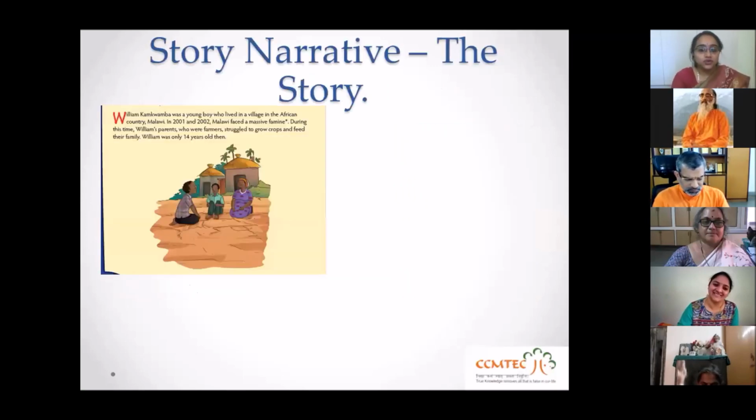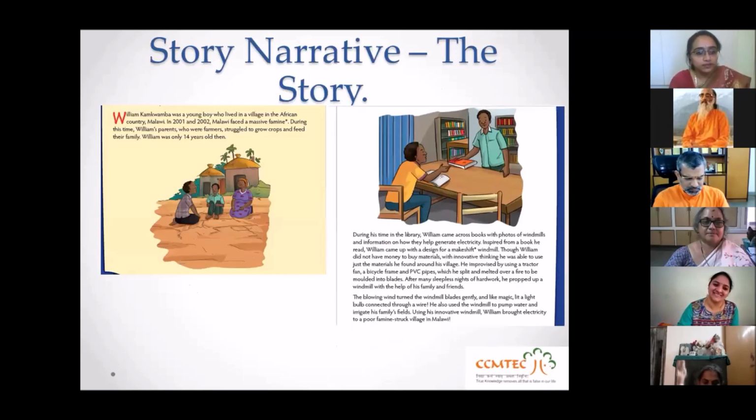The story here is something similar that happened with William, a young boy who lived in an African country where famine struck their village, and because of lesser economic support, he had to leave his school. But he had a wonderful teacher who allowed him to do self-study at the school's library.